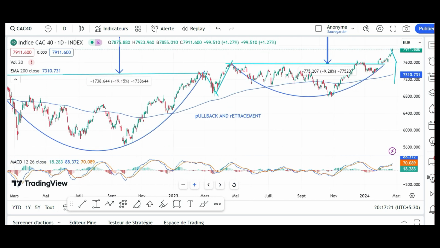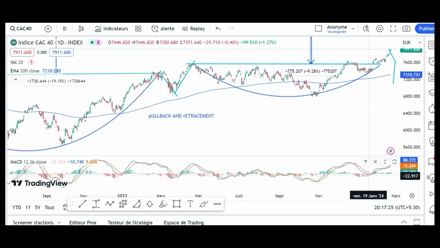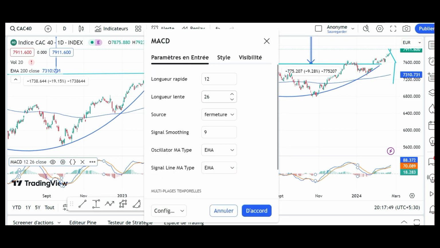Now, if you see here, these are two lines. The orange line is called the signal line, and the blue line is the MACD line. This is the average which is calculated, the monthly average, at the interval of 12 and 26.